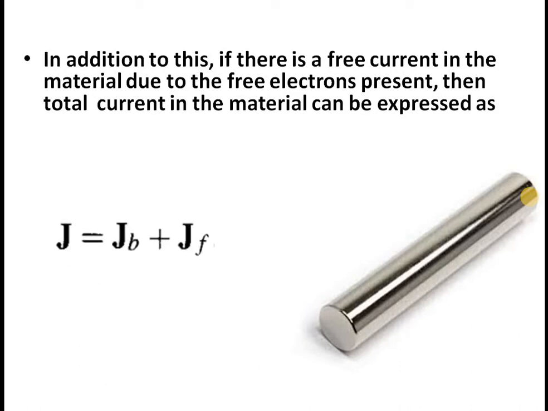So the total current you can now express as bound current JB plus free current JF. Free current means free electron current. So in Ampere's law, a small modification comes because you have free electron current due to free electrons and bound electron current due to the magnetization. Understand? They are bounded. They form small micro circulating currents.